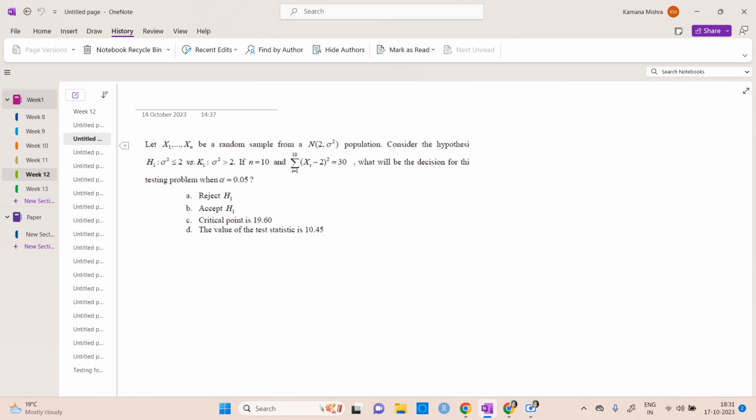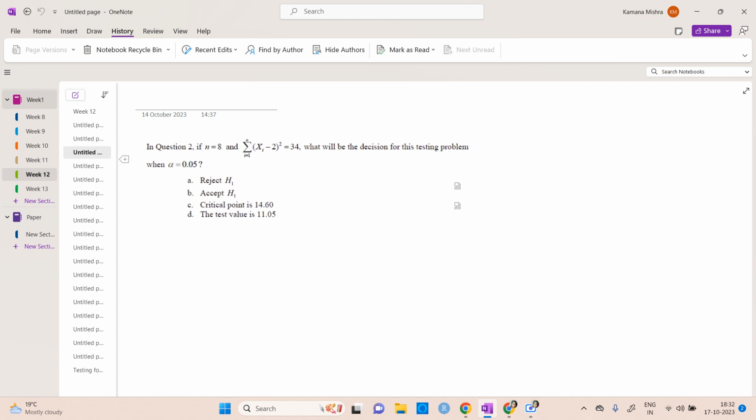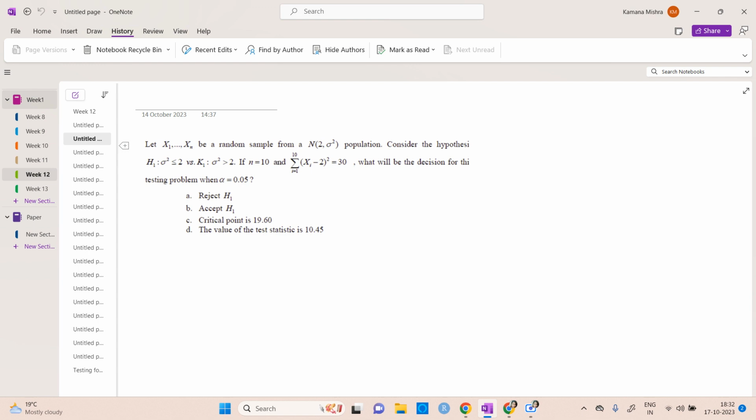What is given here is that x1, x2 up to xn is given, and n is equal to 10, and the summation of (xi minus 2) whole square is equal to 30.